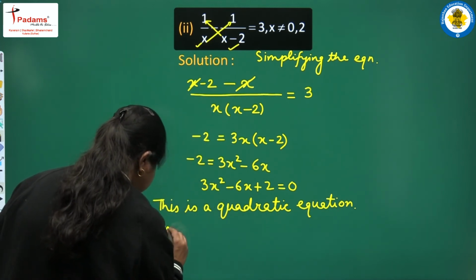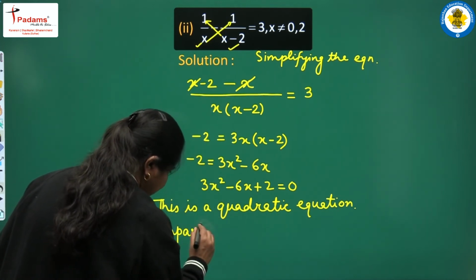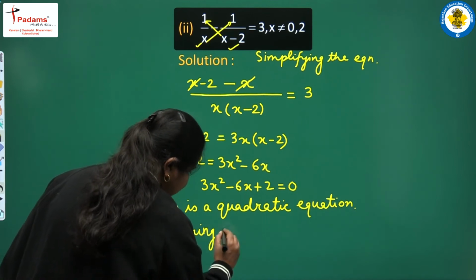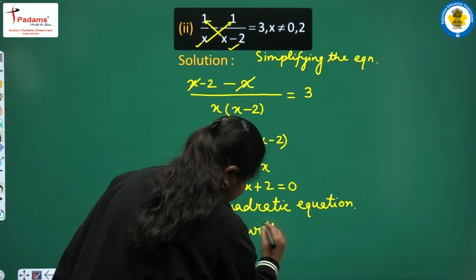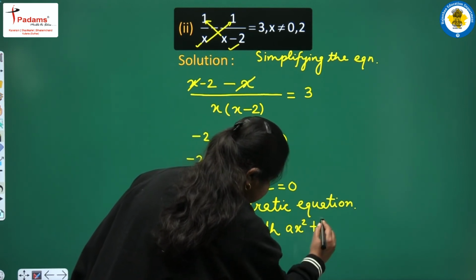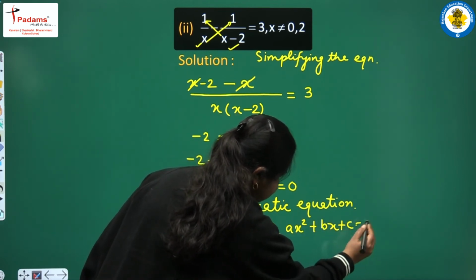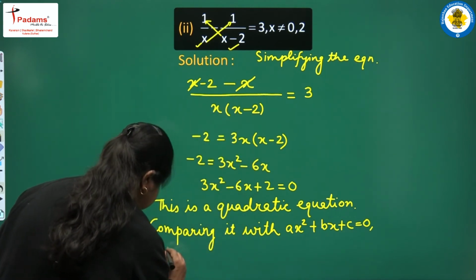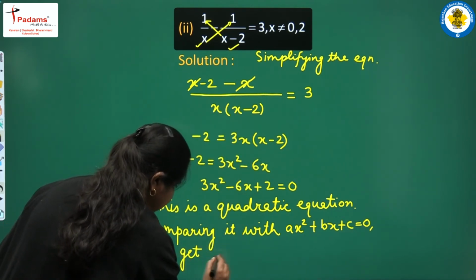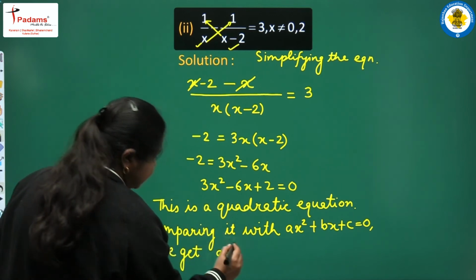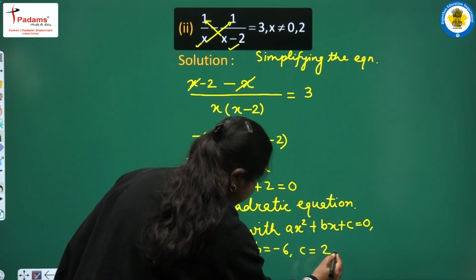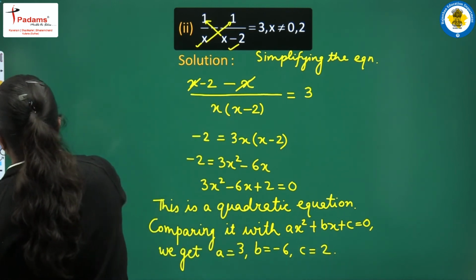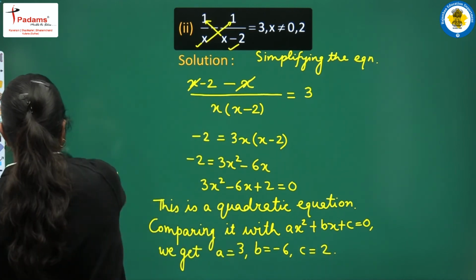Comparing it with the general form of a quadratic equation, which is ax square plus bx plus c equal to 0, we get the values of a, b and c as a will be 3, b equal to minus 6 and c equal to 2. Now, we will first find the value of the discriminant.